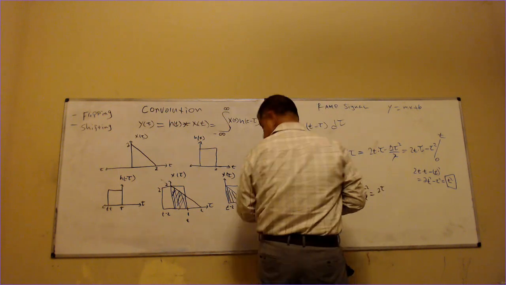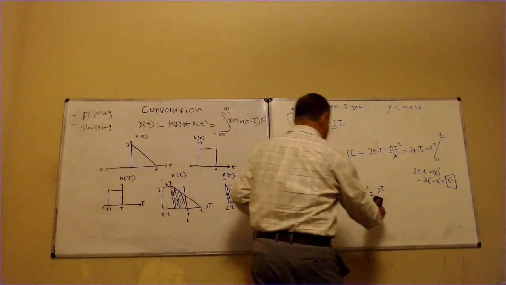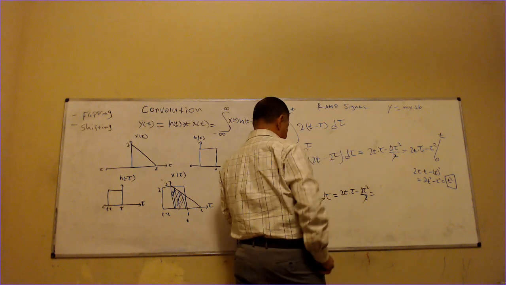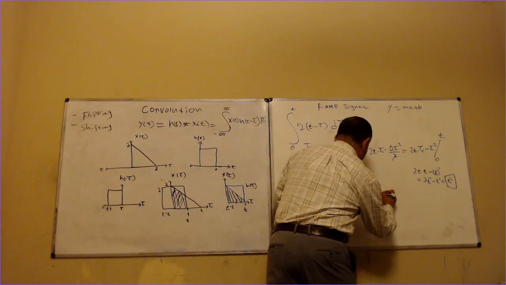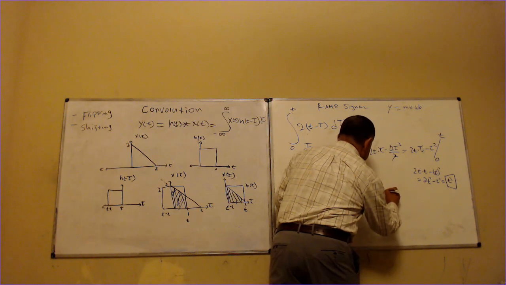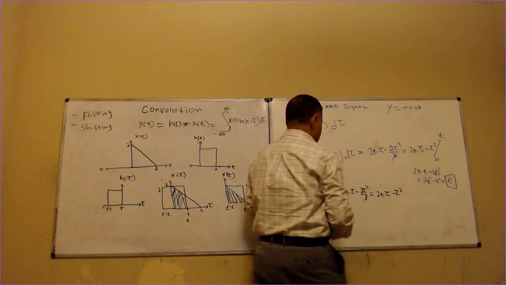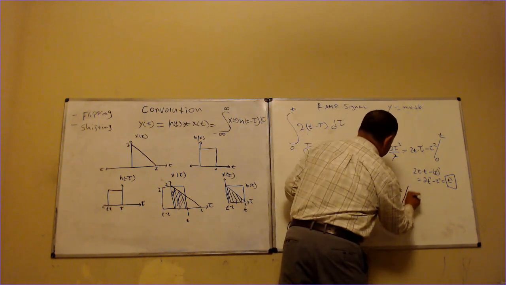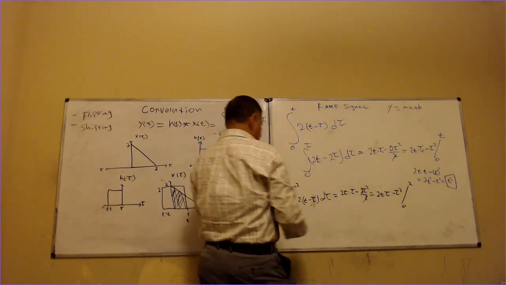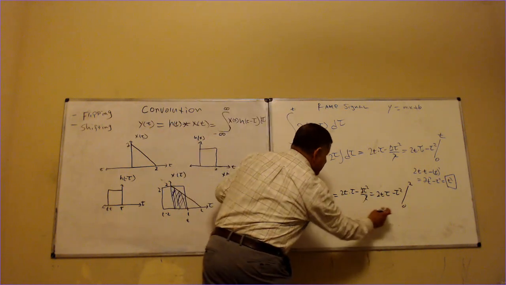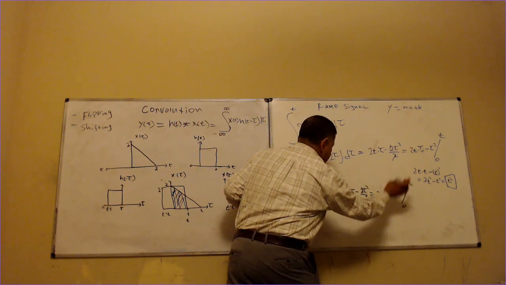Now, I have to be careful. So we got 2t times tau minus tau squared. So now I am doing from 0 to 2. When I replace that, this is 0, so we apply 0 over here, that's 0.